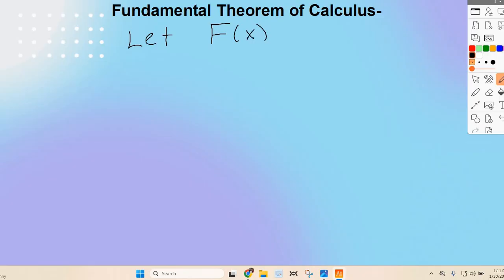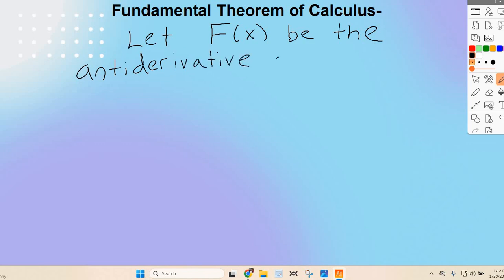So let big F of x be the antiderivative of little f of x.